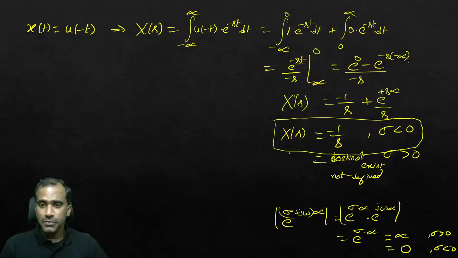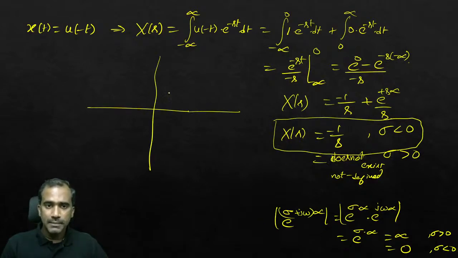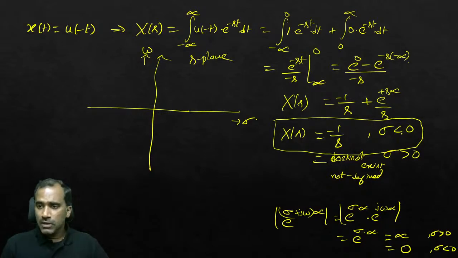So for this one, if you plot the region of convergence, let me take the s-plane, with sigma on the x-axis and omega on the y-axis. Let us plot the values of sigma less than 0. For all these points, sigma will be negative. Sigma is the real part.